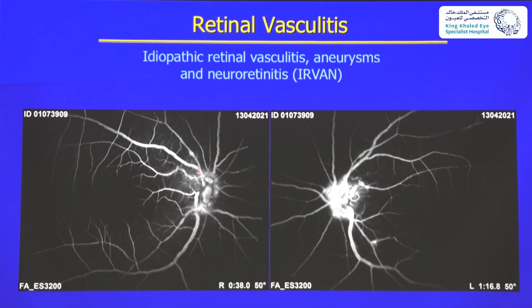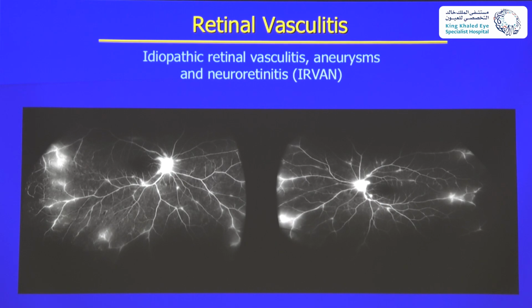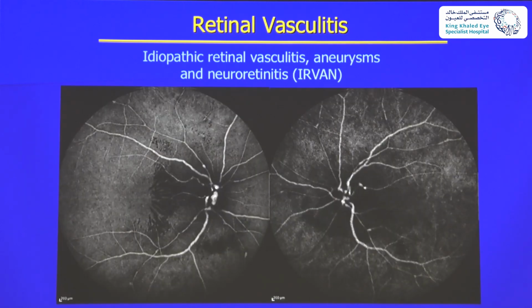And on fluorescein angiography, you see the aneurysmal dilation and leakage from the aneurysmal dilation on the optic nerve. And I did also Optos. So the Optos showed nicely the leakage from the aneurysmal dilations. And on ICG, it highlighted much better the aneurysmal dilation of the retinal arterioles and on the optic nerve.